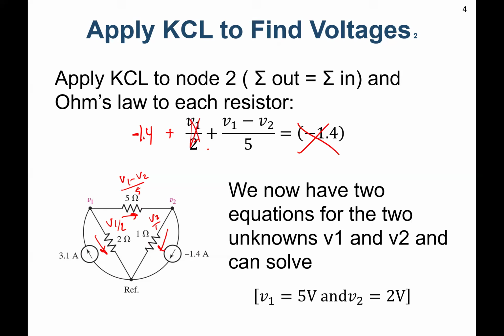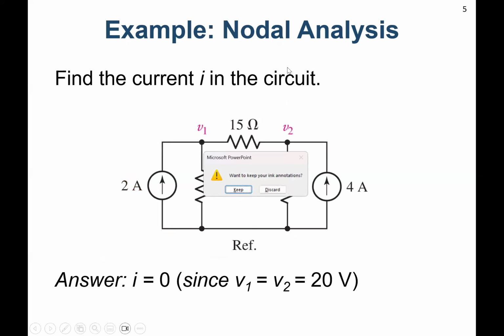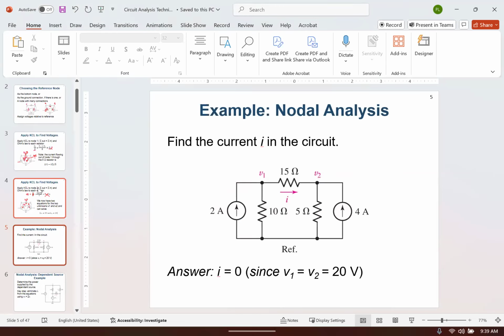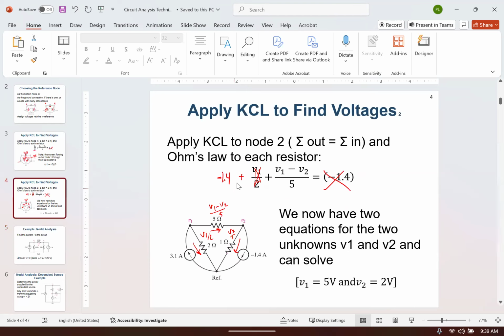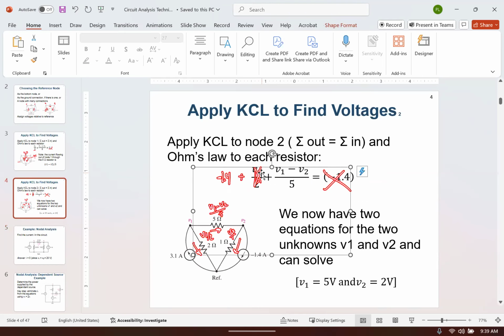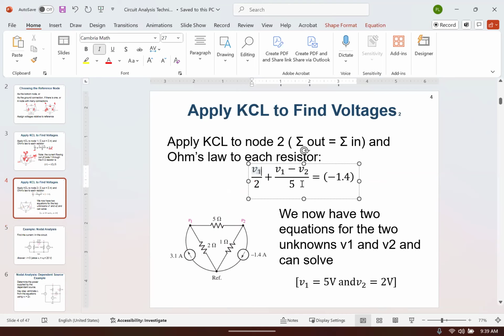Here, let me fix it this way. I can just fix it just as quick this way. I got to delete that because I can't see it. So this is V2, right? Divided by 1.